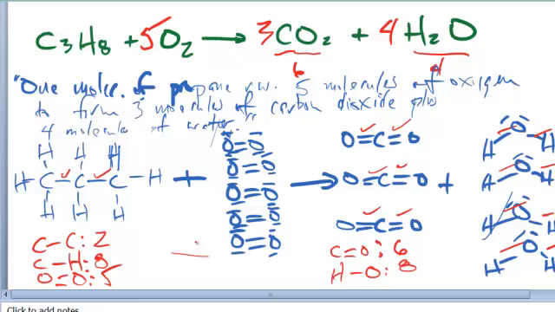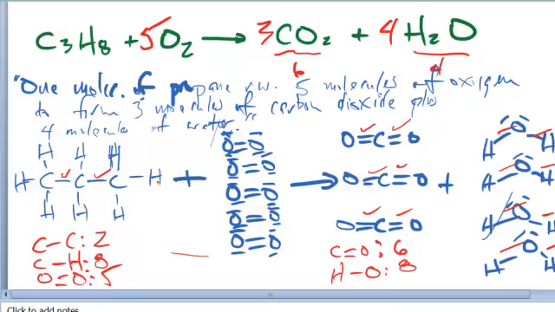And also, just to foreshadow a little bit when we get to thermochemistry, breaking a chemical bond is not free. It takes energy to break these bonds. So you're putting a lot of energy into the process.